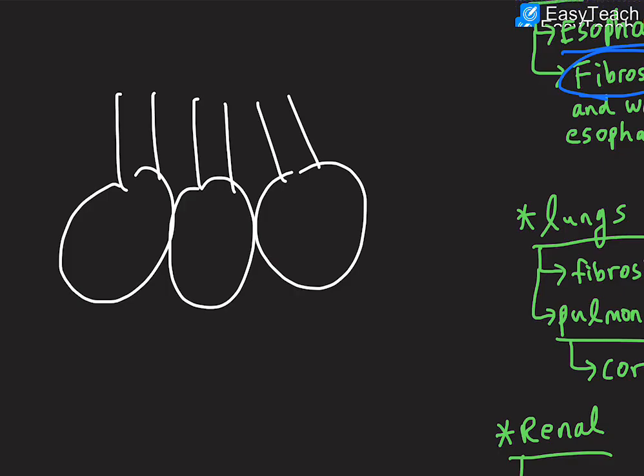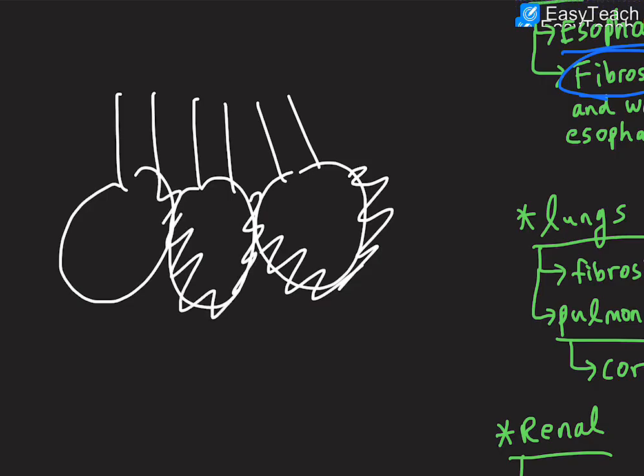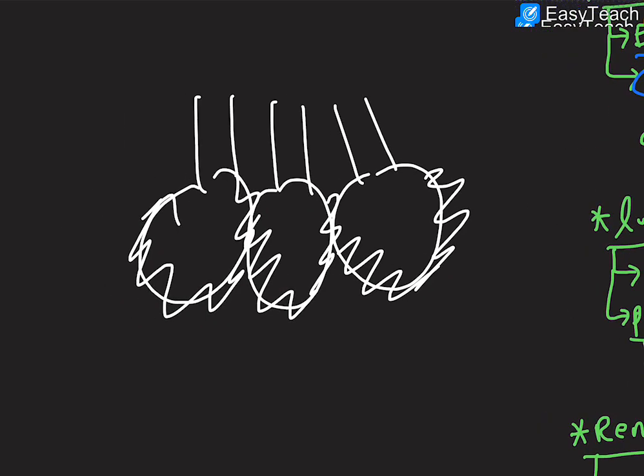So that's going to lead to you not being able to inhale properly. And also, fibrosis of your interstitium is going to lead to a decreased DLCO value, like we talked about when we discussed restrictive lung disease in Sjogren syndrome.